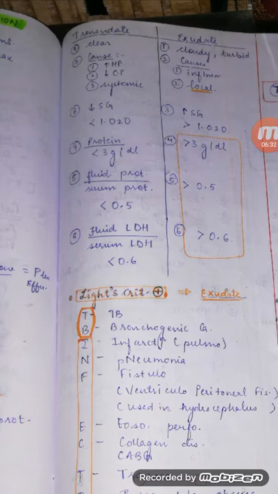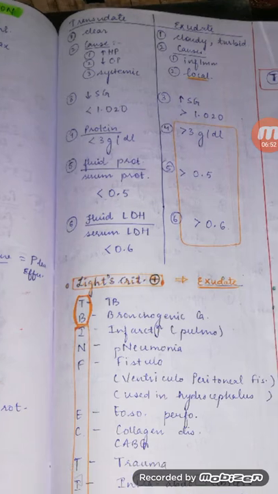So Light's criteria has only the last three features, the protein, the protein ratio, and the LDH ratio. If these three are positive, we say Light's criteria positive, and that strongly indicates that the fluid has to be an exudate.